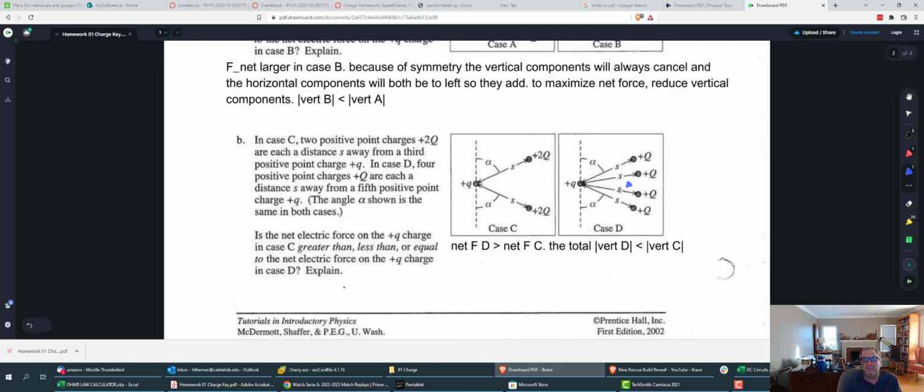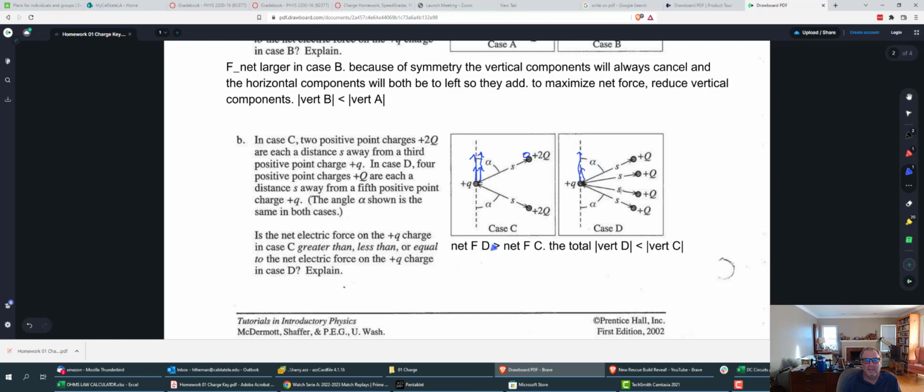And in a similar fashion here, you could just make believe there are two positive charges here, and you could come up with the vertical components for each of them. In this case, we should make these a little longer just so we can see the difference. So each one of those plus q's would have a vertical component, but in this case they're in different places. So one would have the vertical component from here, but one is going to have a smaller one.